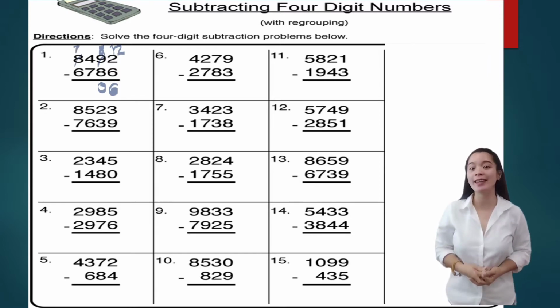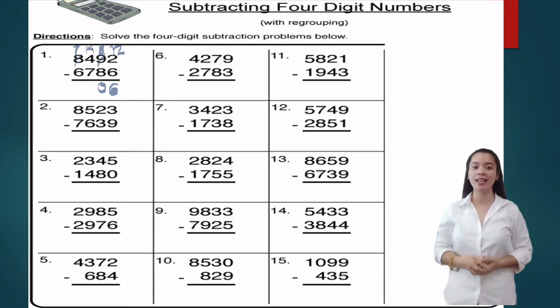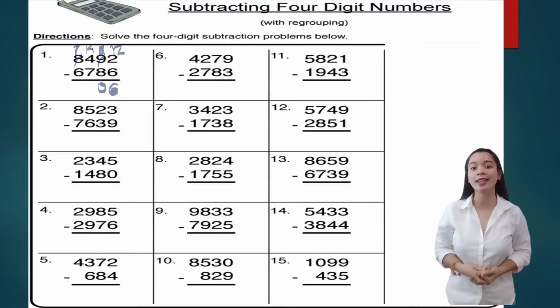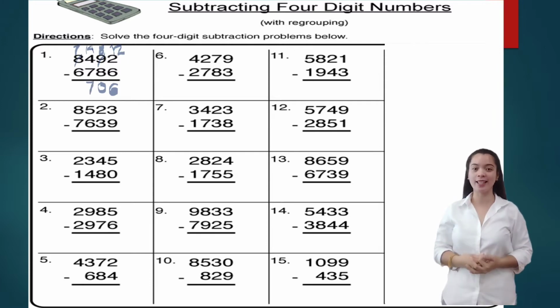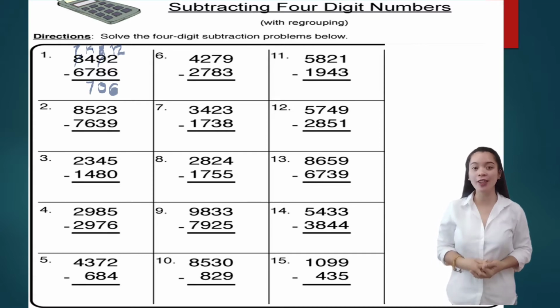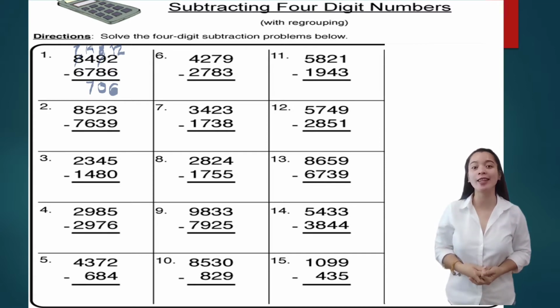So 8 becomes 7 and 4 becomes 14. So 14 minus 7 equals 7. And 7 minus 6 equals 1.